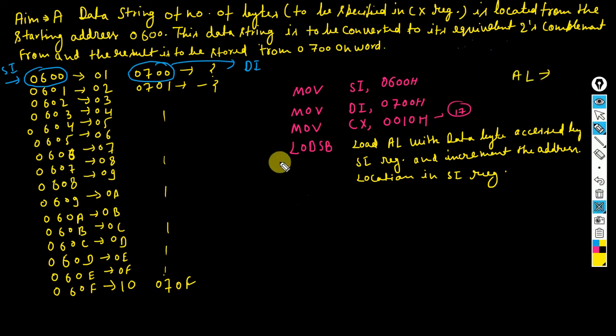After the execution of this step, the content of AL is 01, and this instruction also increases our SI value by 1. After the execution, SI indicates memory location 0601.